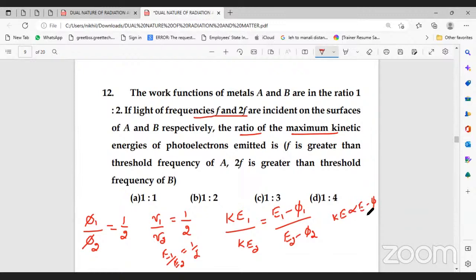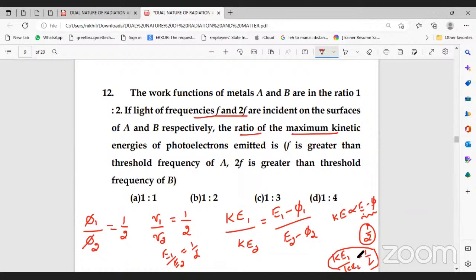If both the energy as well as the work function are changing by a factor of 1 by 2, kinetic energy should also change by what factor? 1 by 2. Don't try to calculate mathematically, it goes with a very big number of steps. Kinetic energy is directly proportional to the total energy minus work function, so you can take the ratio as 1 by 2.